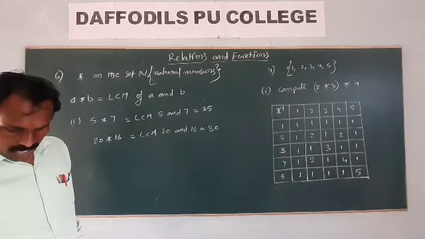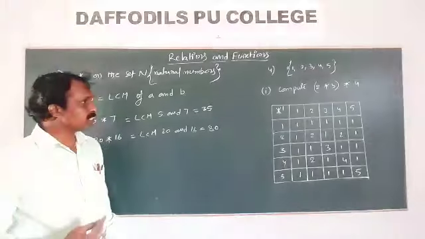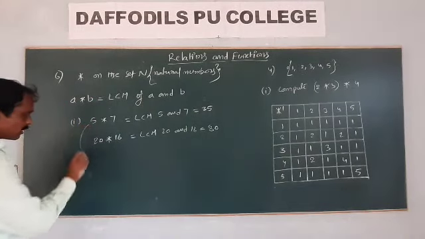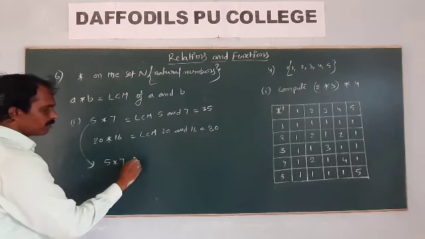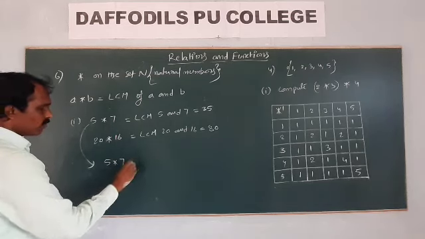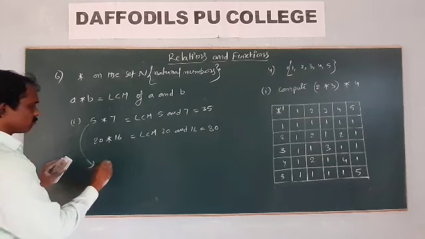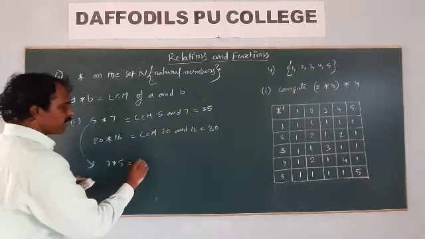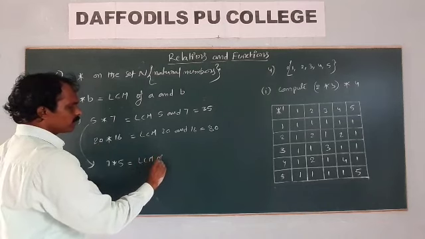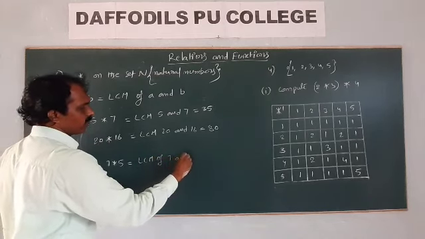Right? Next is commutative. The question is whether star is commutative. Suppose you take 5 star 7, the value means LCM of that. What about 7 star 5? 7 star 5 also means LCM of 7 and 5.